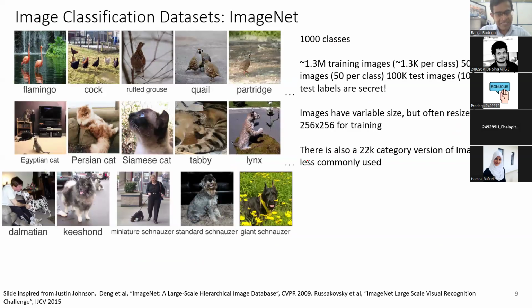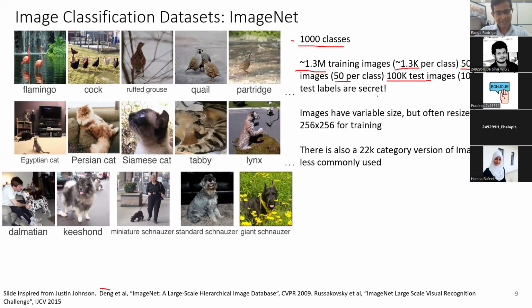Then there came the ImageNet dataset. The first author is Deng, but it's attributed to Fei Fei Li of Stanford University. They collected millions of images. There are 1,000 classes in this, about 1.3 million training images, about 1,300 per class, and 50,000 validation images, about 50 per class. 100,000 test images, 100 per class.